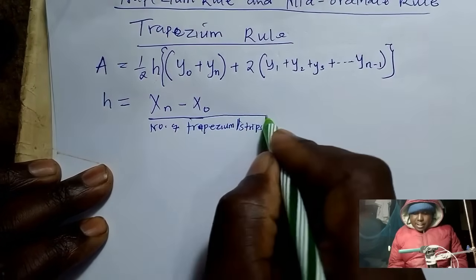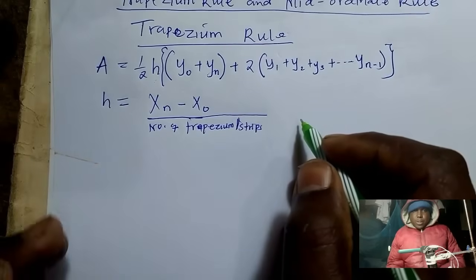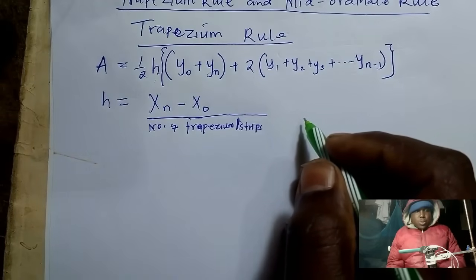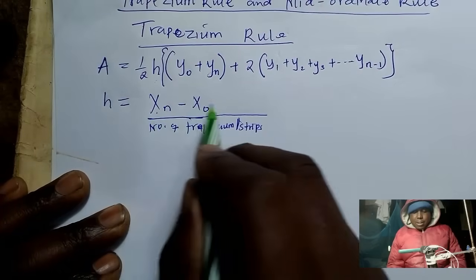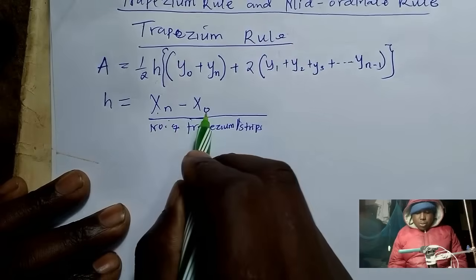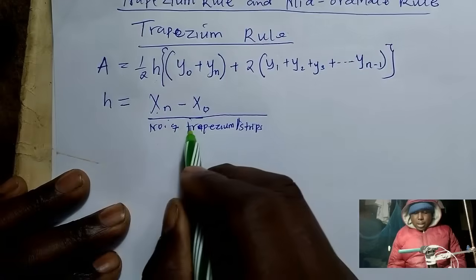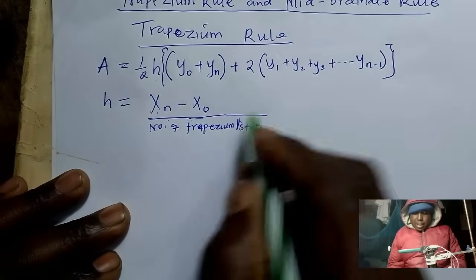When you are given, use 4 strips, use 5 strips, use 4 trapezia, use 5 trapezia, you just find the initial value of x and the final value of x, and then you subtract. You divide by this.